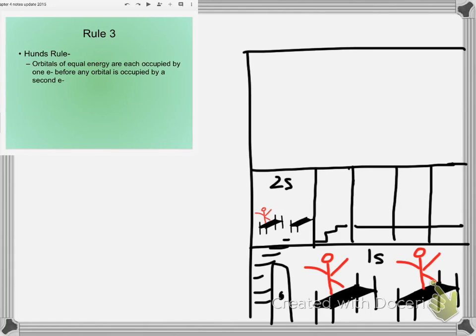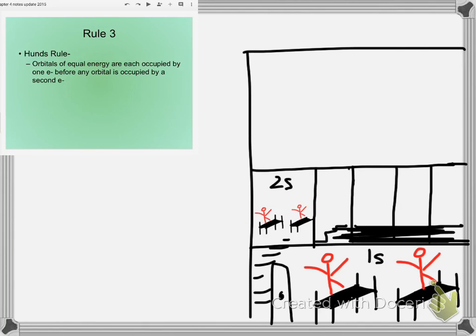Well, what if you get to the dorm and the 1s, the first floor room, is completely occupied. The second floor room, the lowest energy level, where I'm showing sort of a half level here on the second floor. What if the second floor, the lowest energy room, has also got 2 occupants?